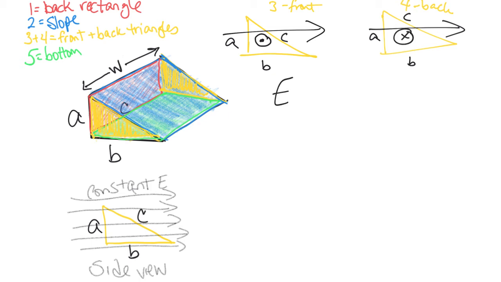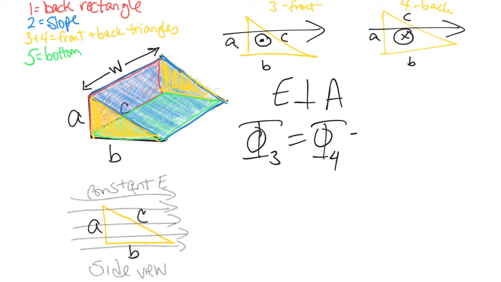But in both situations, E is perpendicular to A, and therefore phi 3 and phi 4 are 0. So far, we've only found 0 things. We've done the bottom, and we've done those. So maybe we'll find something with a non-zero flux.